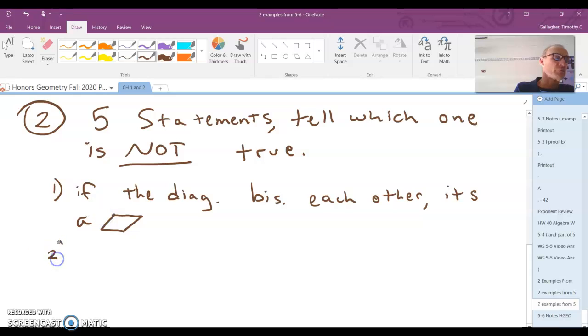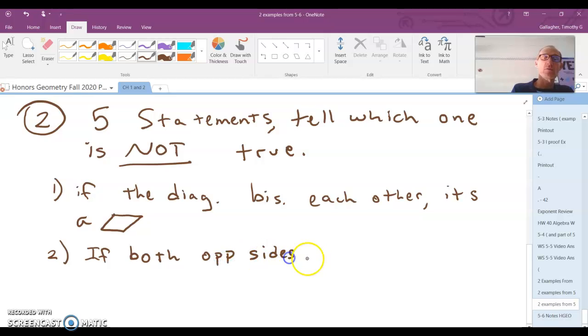Number 2: if both pairs of opposite sides are parallel, it's a parallelogram.